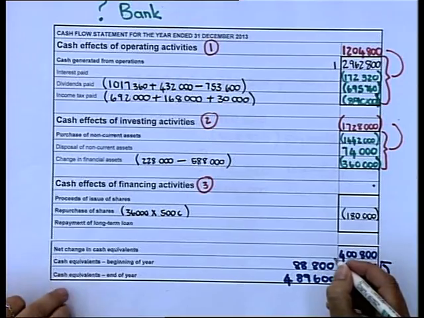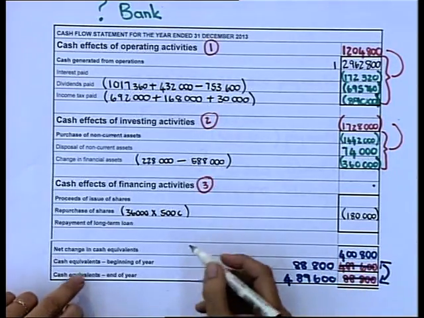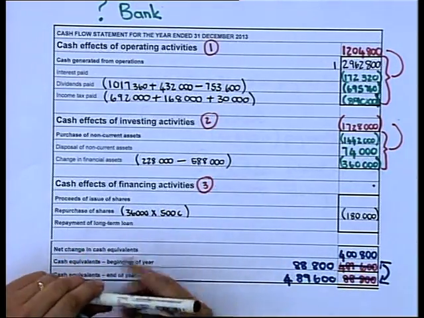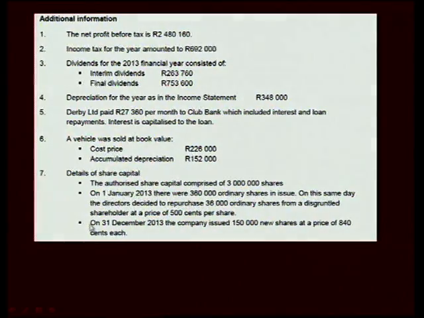Then they also had a repayment. Let's go look at the proceeds of the shares issued first. If you look at your information again, on the 31st of December, that's the last day of the financial year, lovely cash injection there, the company issued 150,000 new shares at a price of 840 cents.